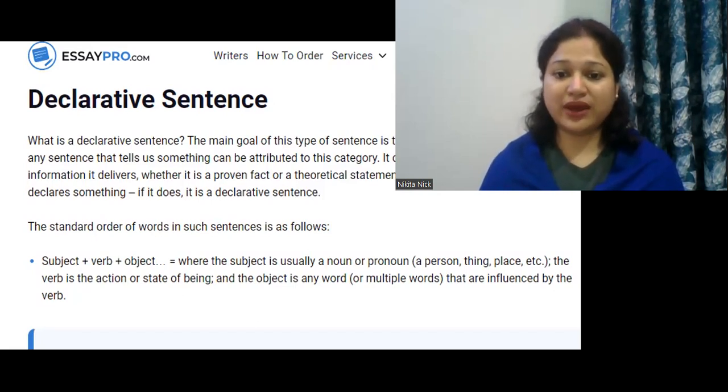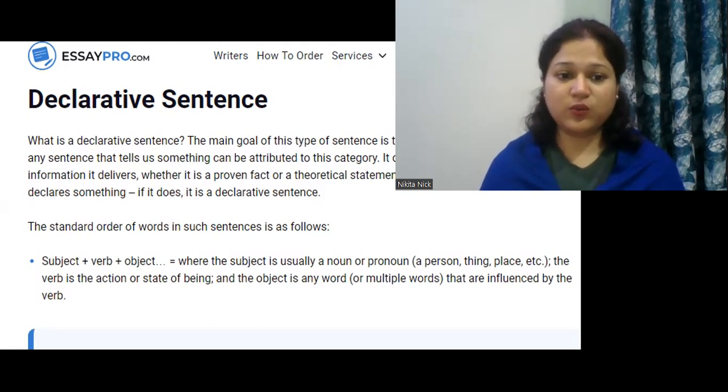The only thing that matters is if it declares something. If it does, it is a declarative sentence. If you want to declare something through your sentence, then it is a declarative sentence.